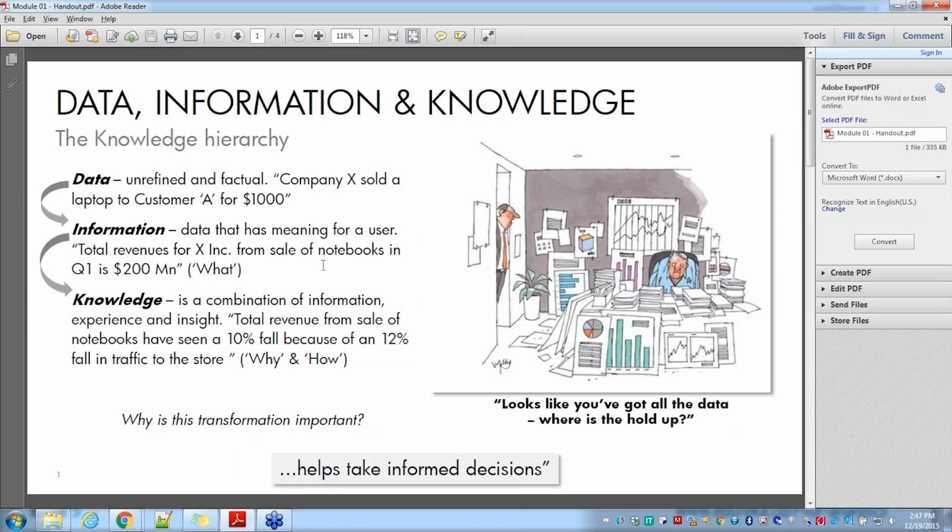Information is basically several pieces of data aggregated and presented in a meaningful manner. So it answers the, quote unquote, what question that one might have. What happened? What happened was notebooks were sold in quarter 1, yielding 200 million US dollars for the company, right? But what is knowledge then?